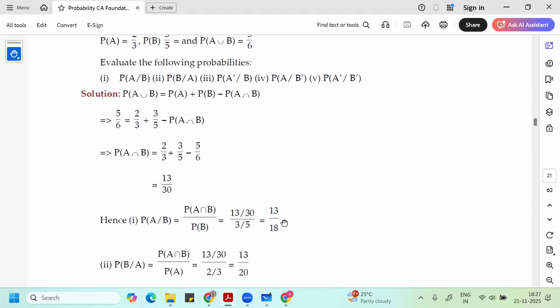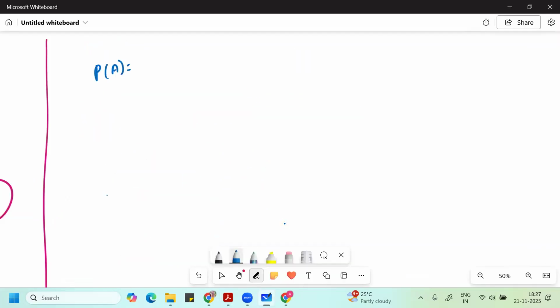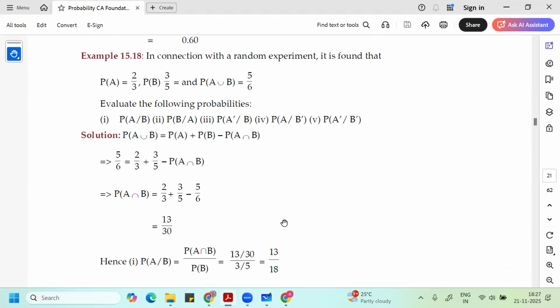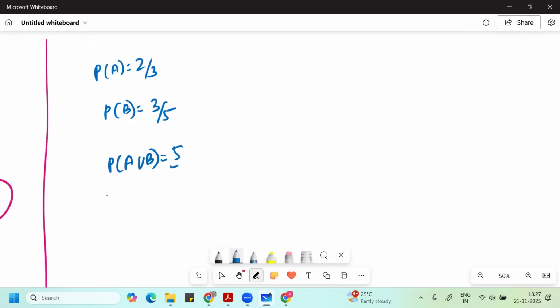Probability of A is 2 by 3. Probability of B is 3 by 5. Probability of A union B is 5 by 6.